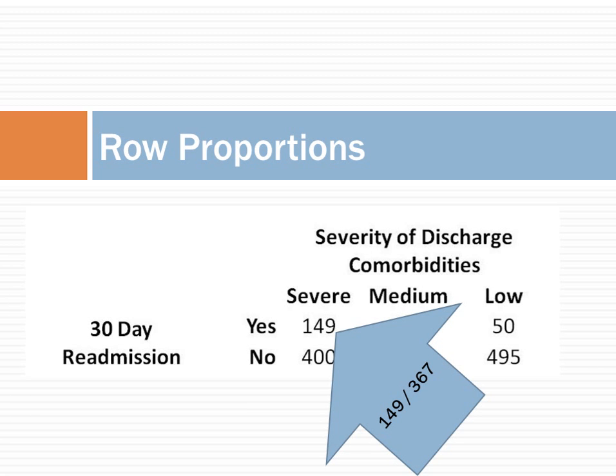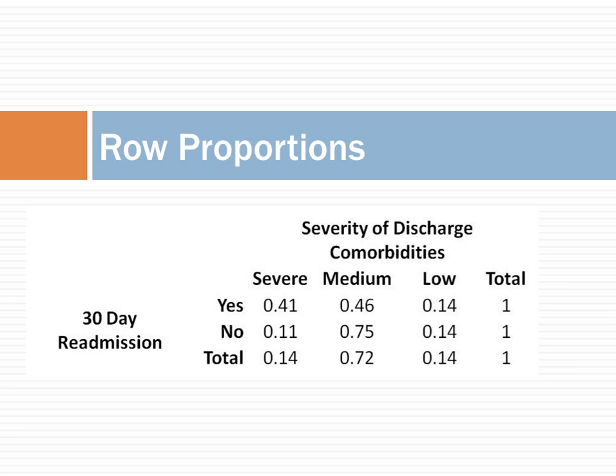Row proportions can be calculated by dividing the value of the cell in the table by the row total. This shows a contingency table with the count of patients in the table replaced with row proportions.